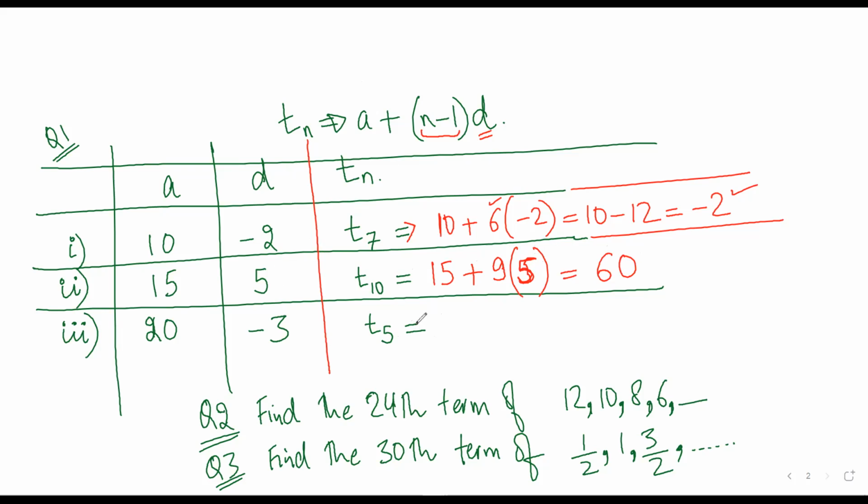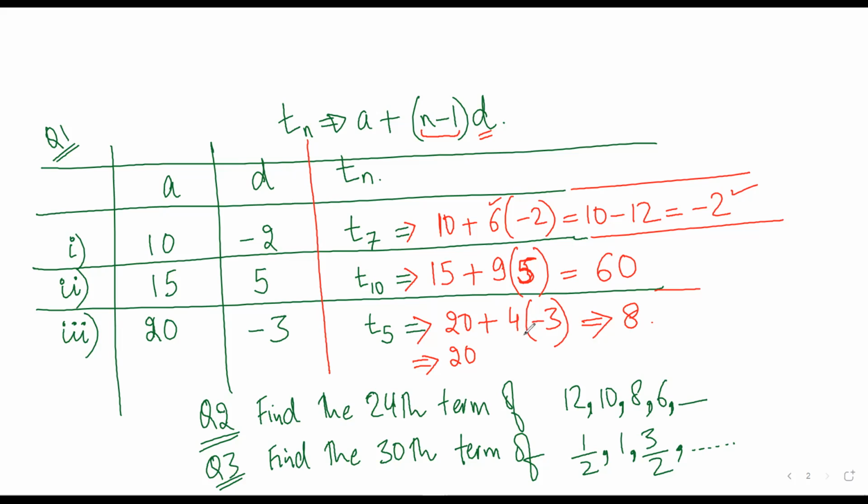Satya, how will I do the third part? T5 is equal to 20 plus bracket 4 into minus 3. My answer would be 21. Sir, how did you get that answer? 24 into minus 3 would be?